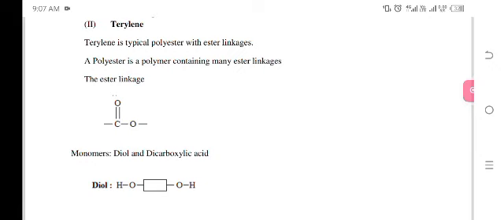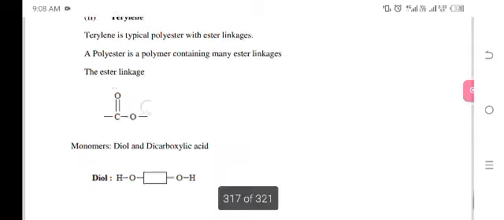When you react the two, you have an ester. Usually these esters, because they are sweet smelling, are used in soap, lotion, and perfumes.